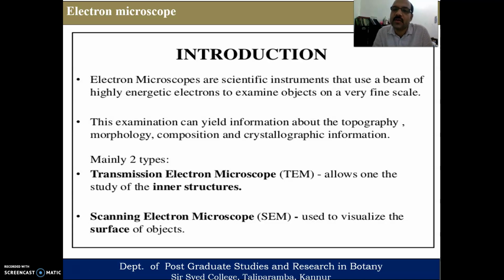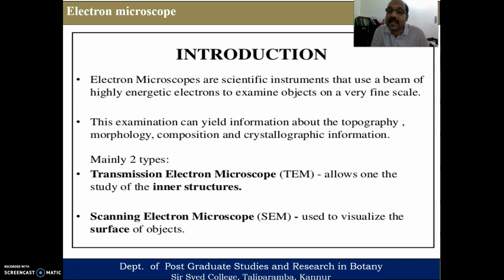Those microscopes which operate based on a source of electrons, whereas the light microscope operates based on a source of light. The source is light in the case of a normal microscope, whereas in the case of an electron microscope, the source is electrons.